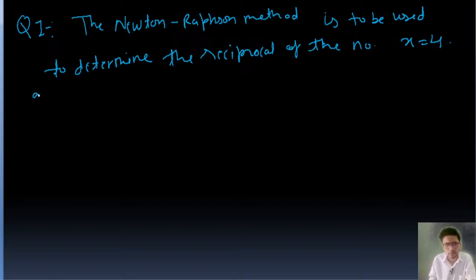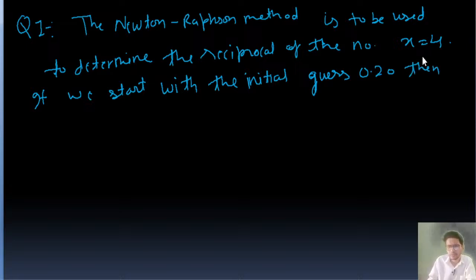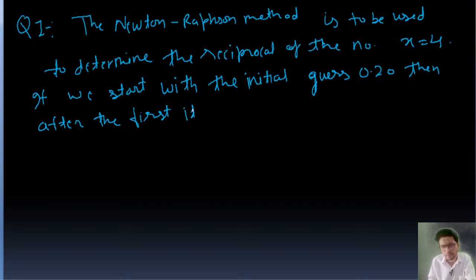If we start with the initial guess 0.20, then after the first iteration the reciprocal is.